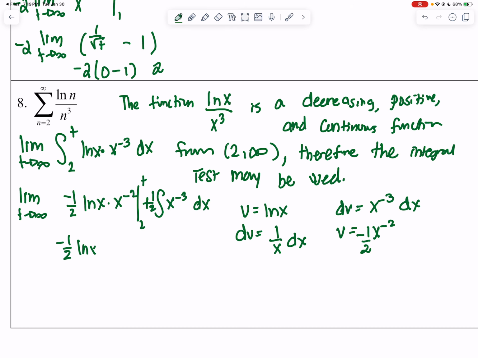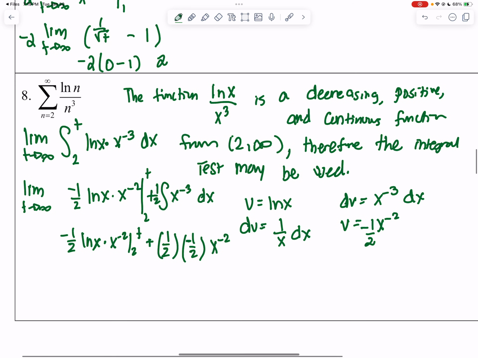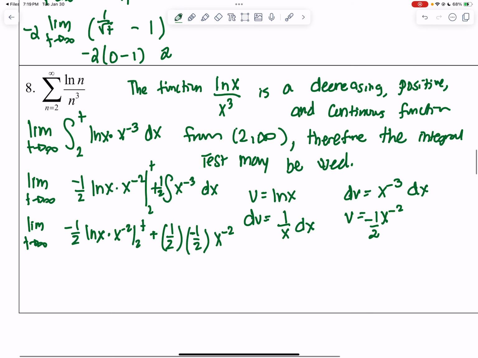Okay. Why is my thing not working? Plus, let's see, 1/2. Up your power. Divide, so negative 1/2. And we still have my limit. All right. Evaluate this. Negative 1/2.